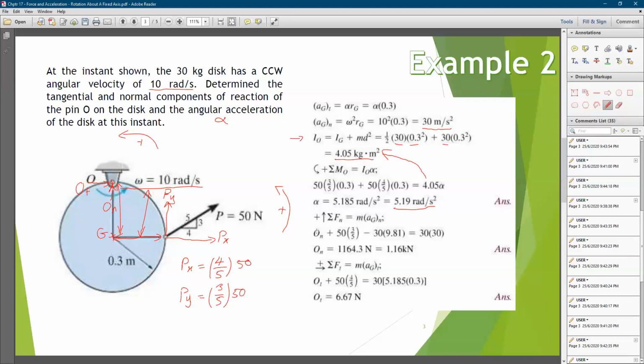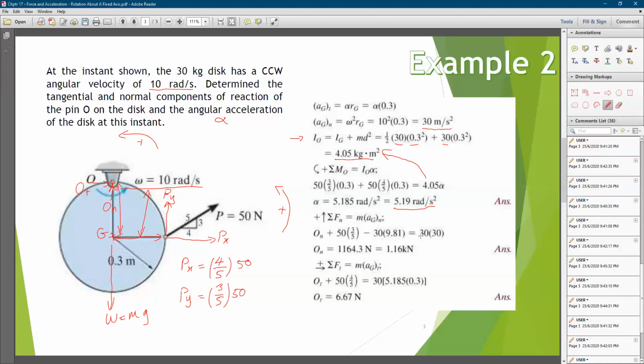So we have O_N going up, plus Py, which is 3/5 times 50, minus the weight of the disc, which is 30 times gravity.